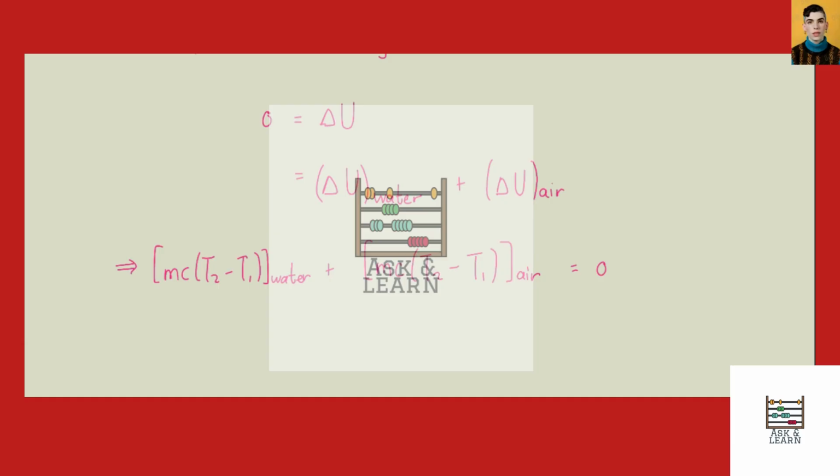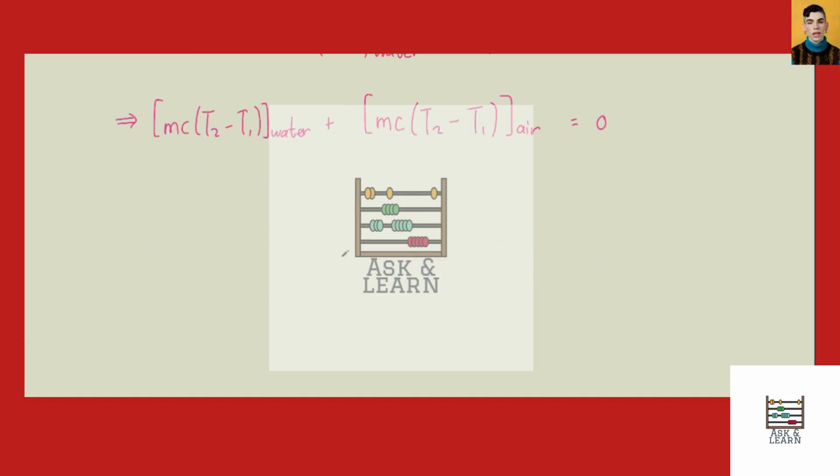So from here, we can actually rearrange this equation and solve for T2. So T2 is actually the equilibrium temperature of the water, of the air in the room, the water in the air system. So let's substitute our values in here.